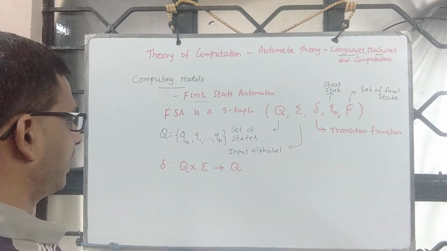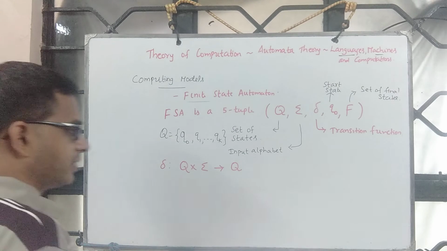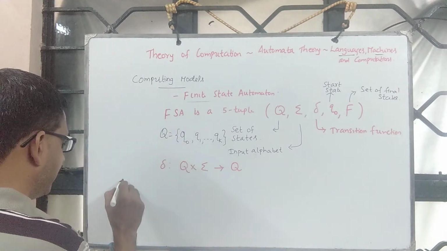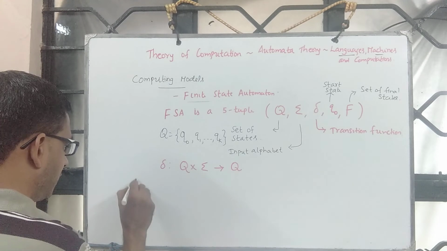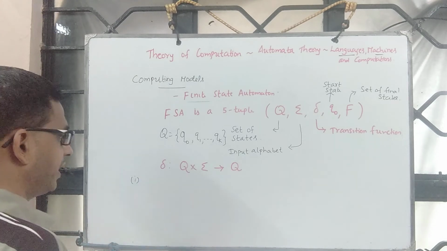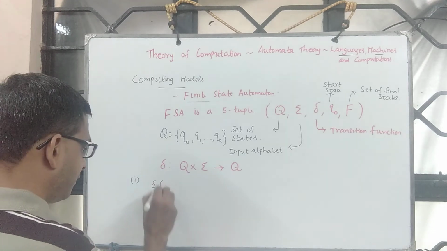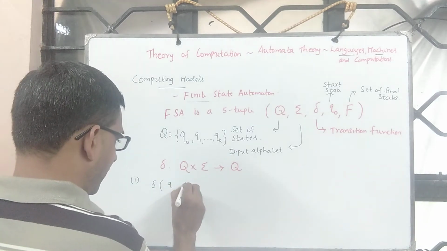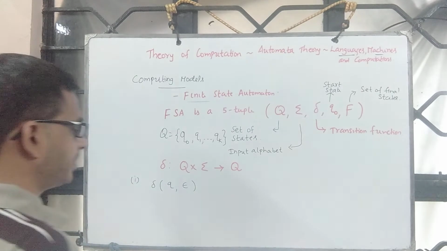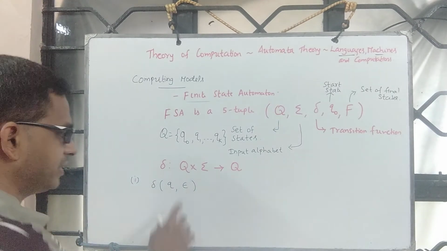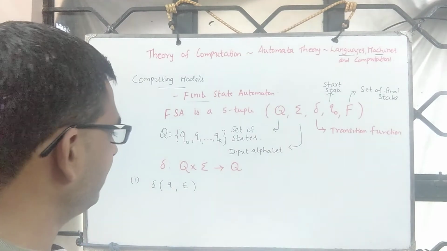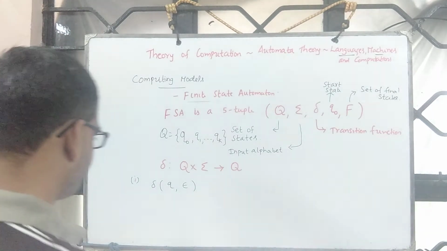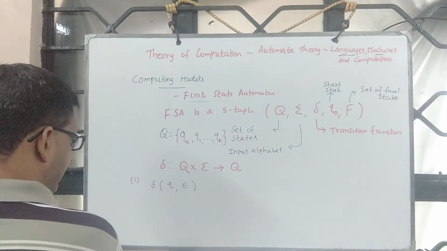Okay. And with this, there are a couple of things that the machine follows, and one is delta of Q comma epsilon, where epsilon means the empty string. You can see it in two ways.